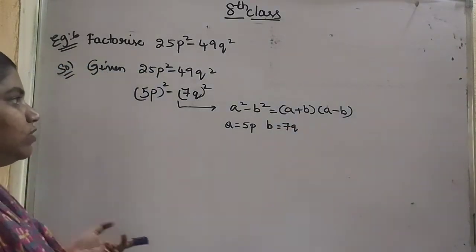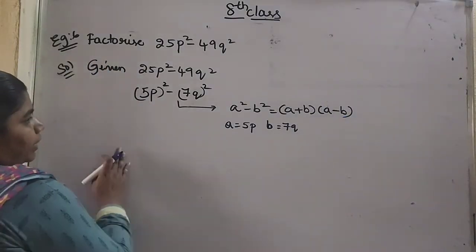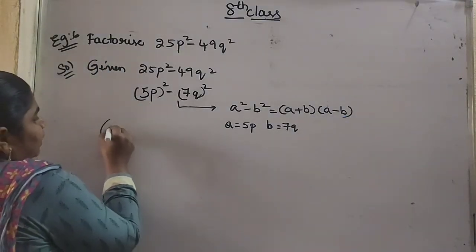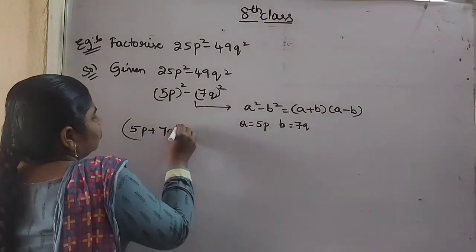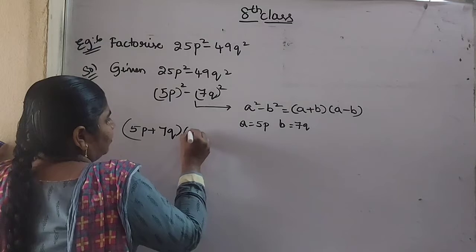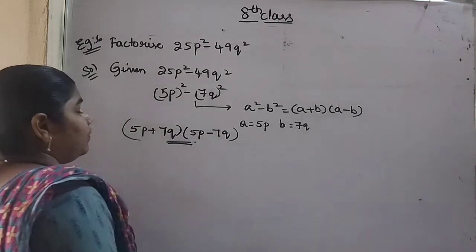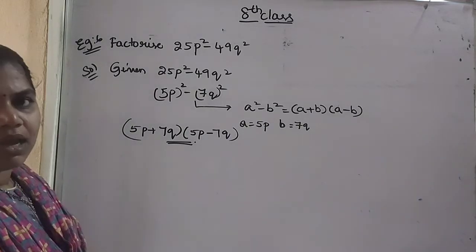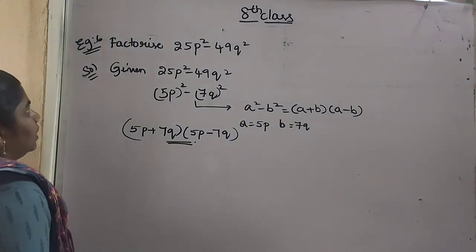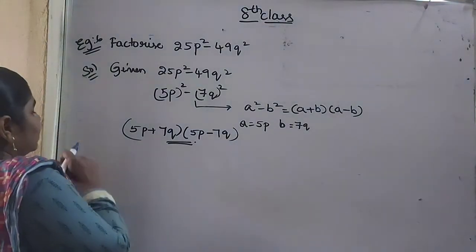So a plus b means 5p plus 7q, and a minus b is 5p minus 7q. So the factors of the given expression are 5p plus 7q and 5p minus 7q for example number 6.